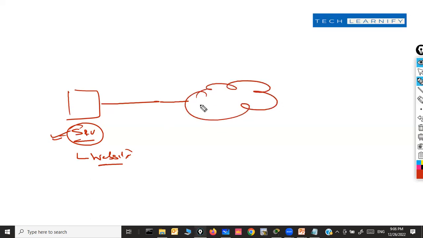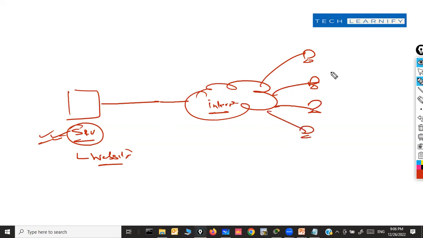Anyone over the internet, like a person sitting in the Middle East, East Africa, US East or Asia, anywhere, should be able to access the website hosted on this server.